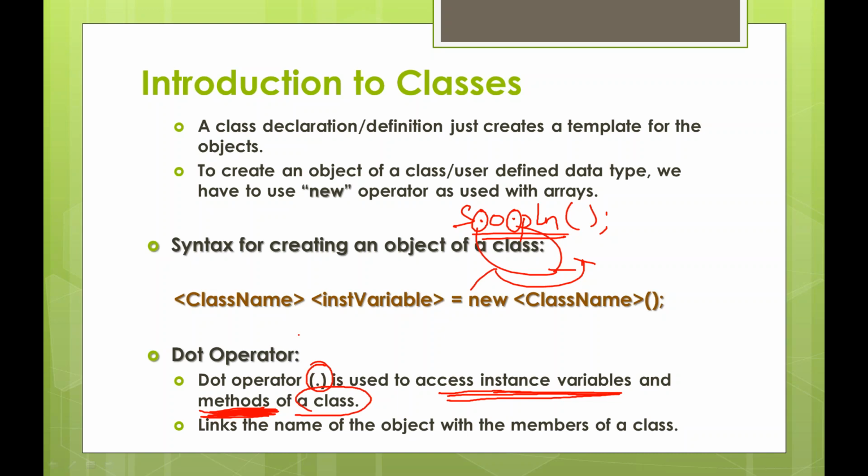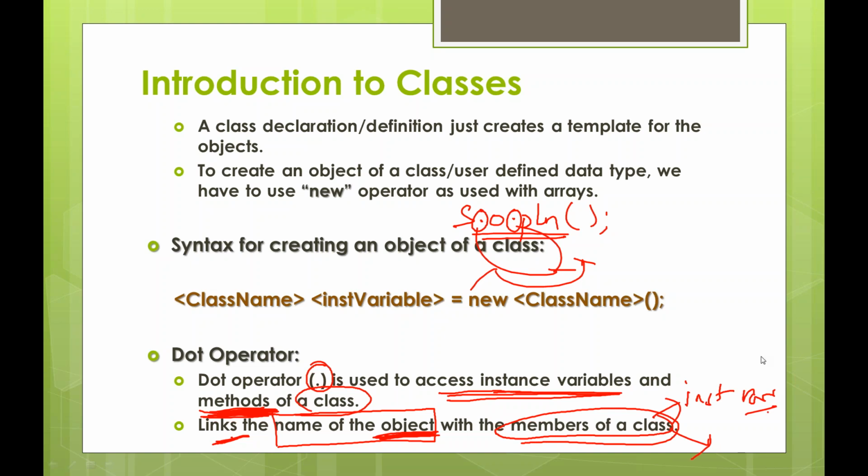So what does it do? Remember, here it is not the name of your class, it is the name of the object. It links the name of the object with the members of a class. Members of a class can be your instance variables or your methods.